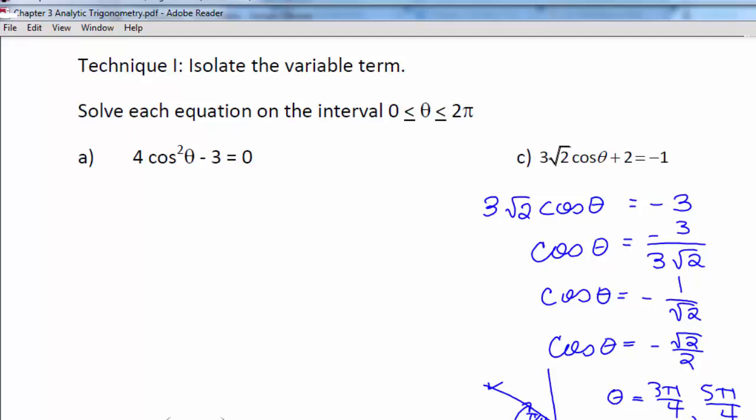But I need to know where we get negative root 2 over 2. And so I thought about where cosine is negative. Cosine is negative in quadrants 2 and 3. And I used the reference angle of pi over 4 in those two quadrants to find 3 pi over 4 and 5 pi over 4. Okay?